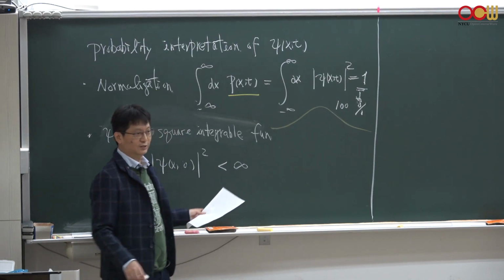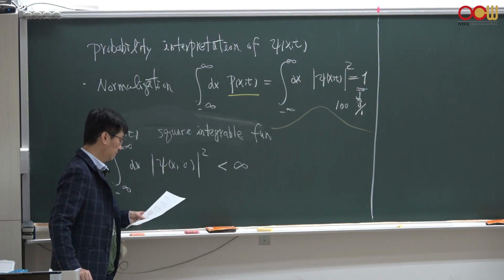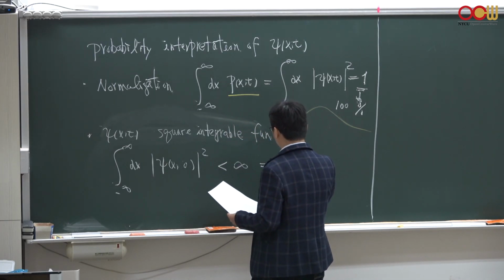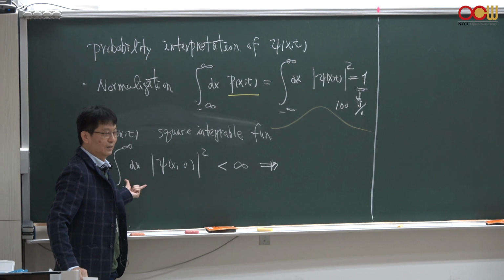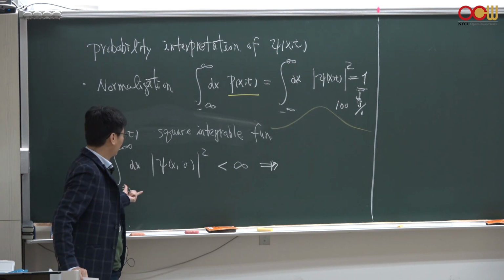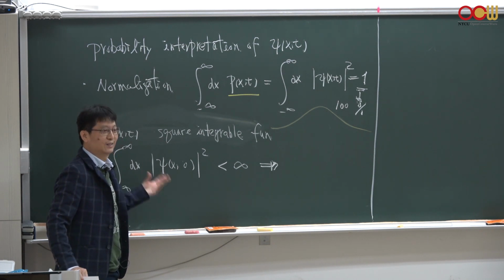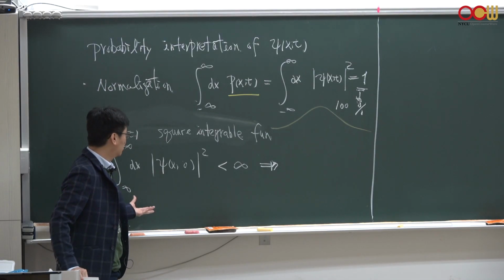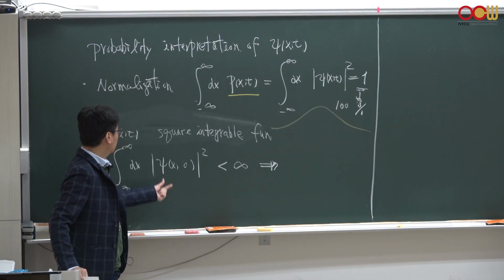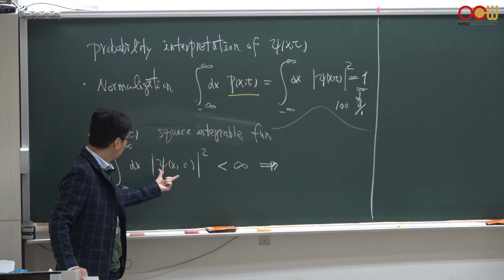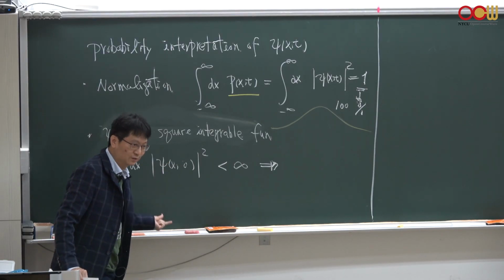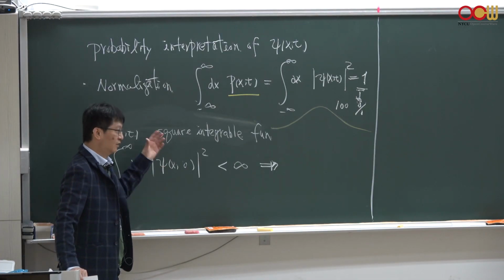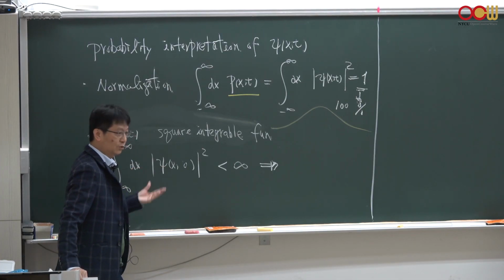It should be a convergent value. It is called square integrable because the square of this wave function is integrable, not a divergent integral.